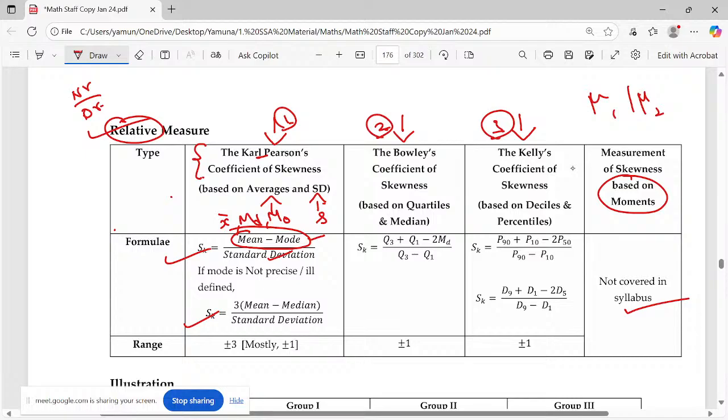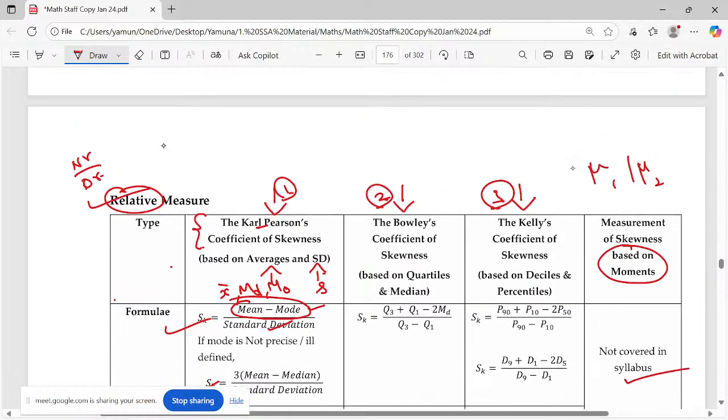I can go for the coefficient of variation formula. What's the coefficient of variation? You can refer, I am not conducting an oral exam.